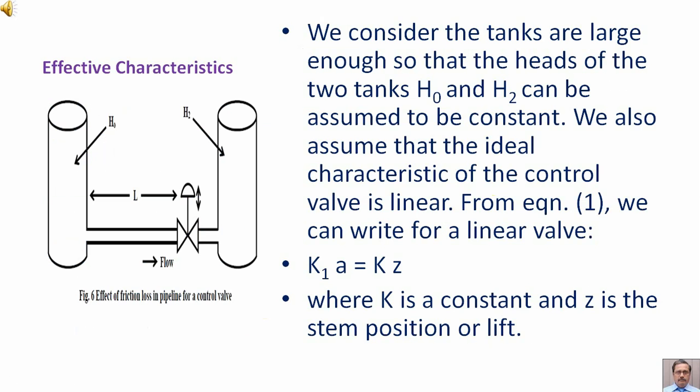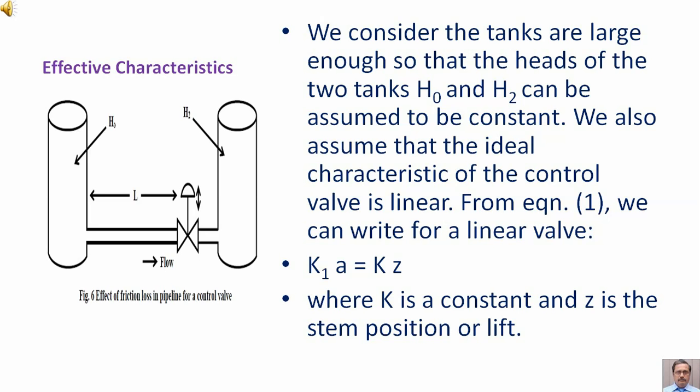We consider the tanks are large enough so that the heads of the two tanks, H0 and H2, can be assumed to be constant. We also assume that the ideal characteristic of the control valve is linear.